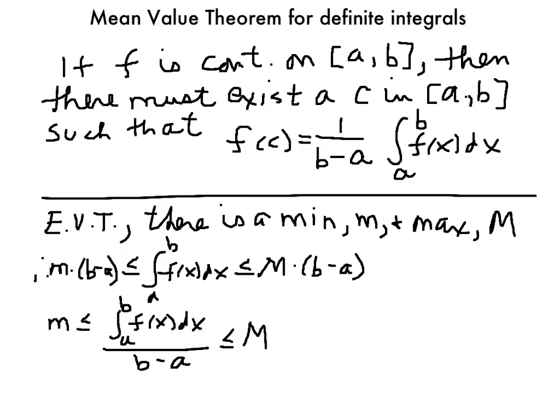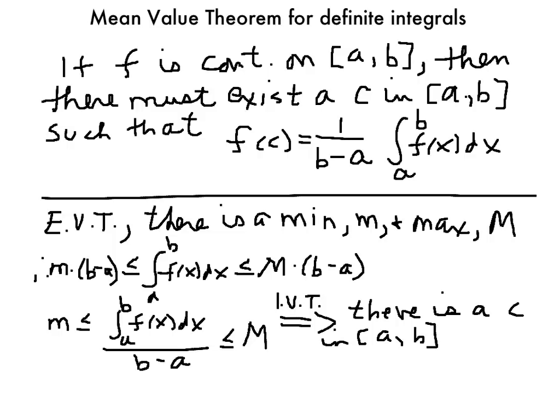So what we can imply, therefore, by the intermediate value theorem is that there is a c in the interval a to b such that f of c is equal to, I'll just write it as the average value.